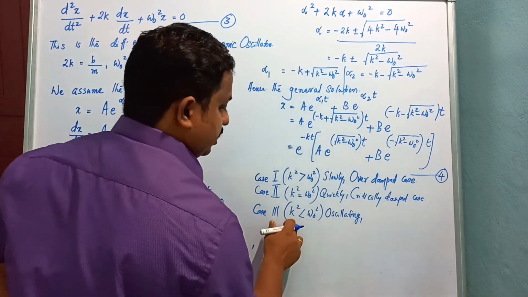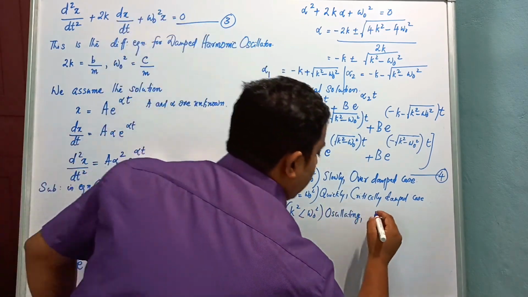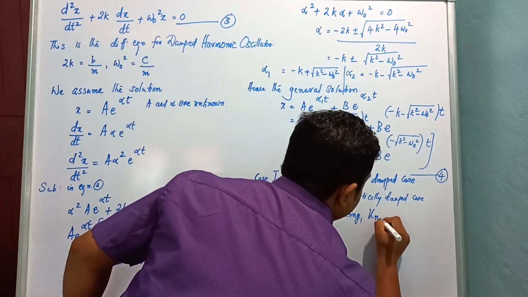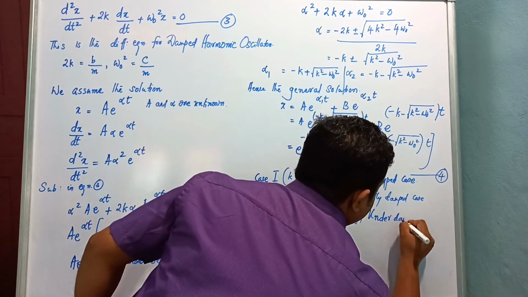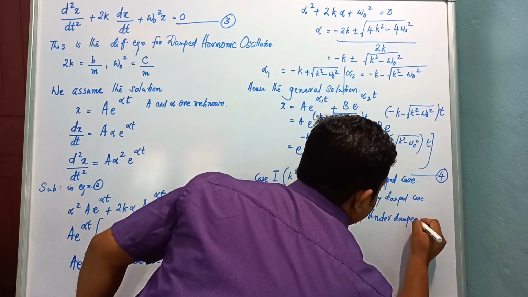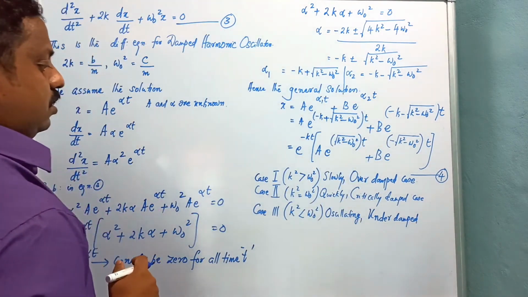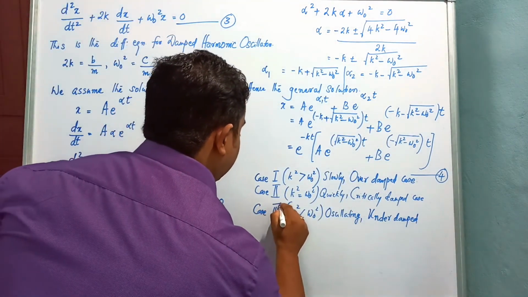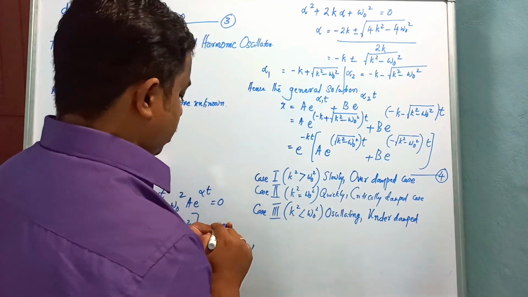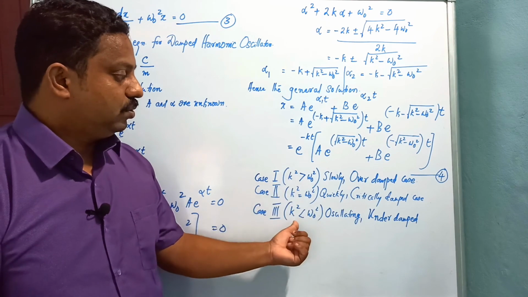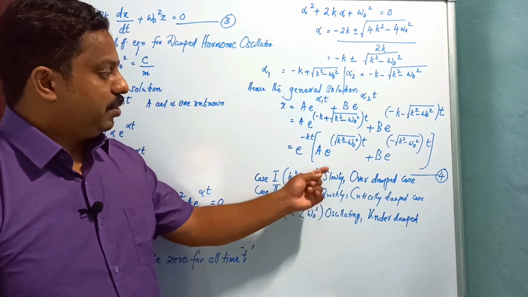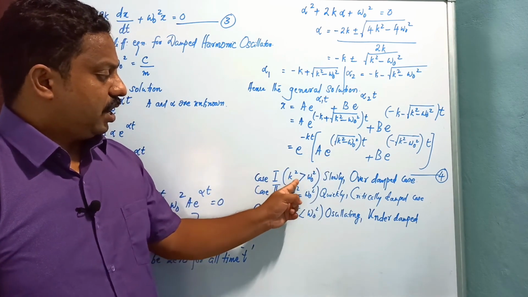Here k is less than omega 0, so it is called the underdamped case. So these are the 3 cases in which a displaced body can come to equilibrium position depending on the values of k and omega 0.